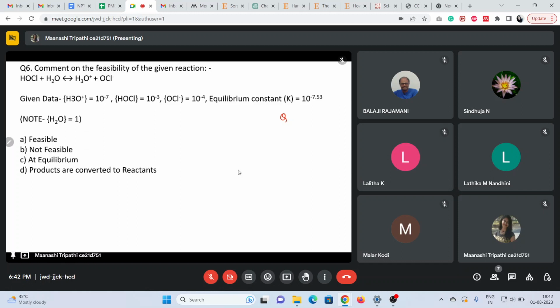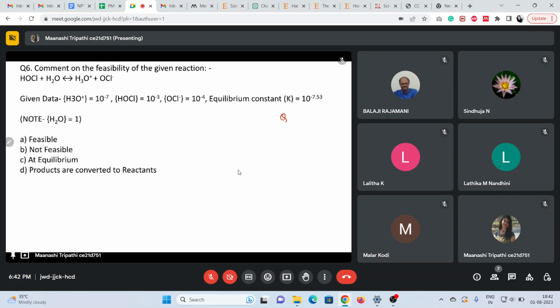So we are doing all these things and we got 10 raised to power minus 8. And what is the equilibrium constant? It is 10 raised to power minus 7.53. Since Q what we are getting is less than K, the reaction is feasible because it will move. Still it is yet to reach equilibrium.